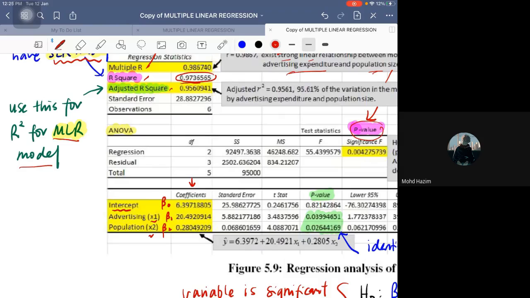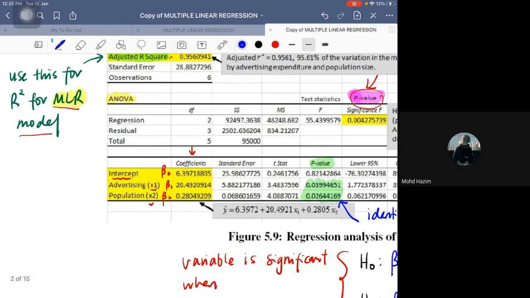So for this case, if I want to write the model, my model is given by y equals beta naught plus beta 1 x1 plus beta 2 x2, because I have two independent variables, x1 and x2. Knowing that we already have these values, we can simply substitute.